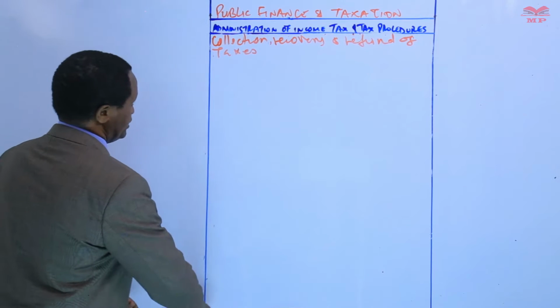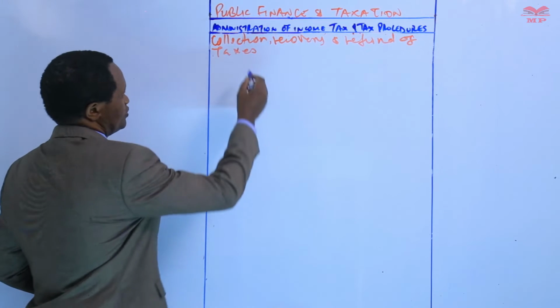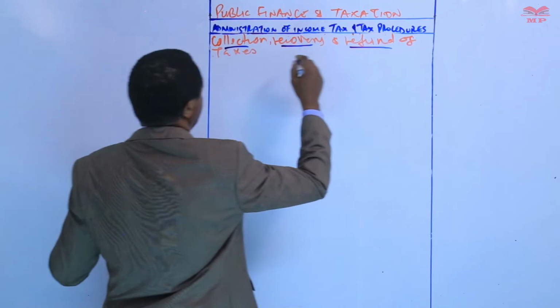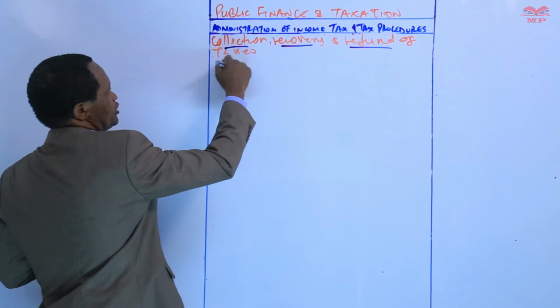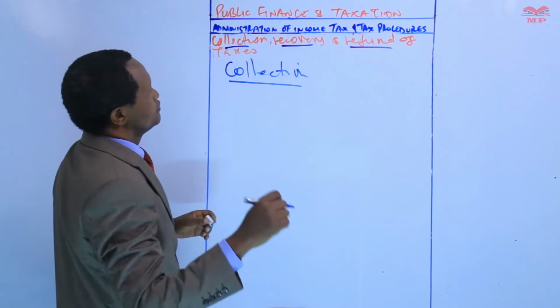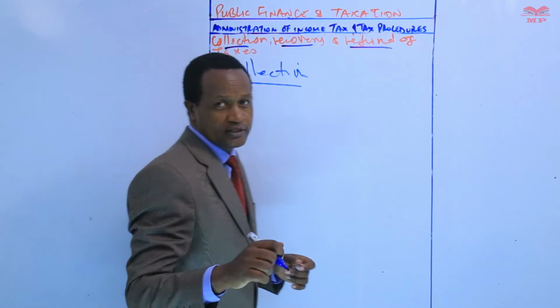These are three things: collection, recovery, and refund. Let's begin with collection of taxes.